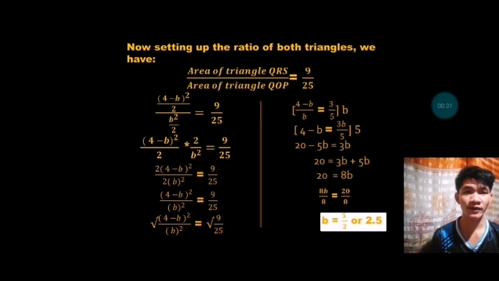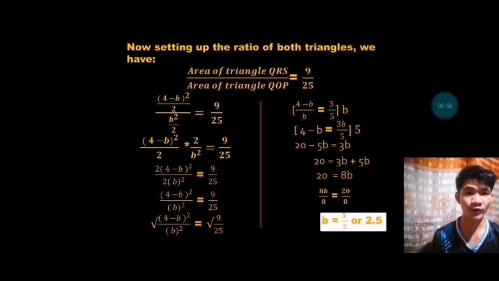We have (4 minus B) squared over 2 times the reciprocal of our denominator, which is 2 over B squared, equal to 9 over 25. That gives us 2 times (4 minus B) squared over 2 B squared equal to 9 over 25. Since 2 is common to our numerator and denominator, we can eliminate it.